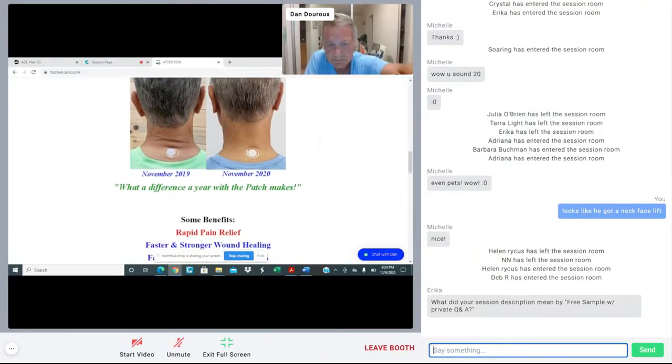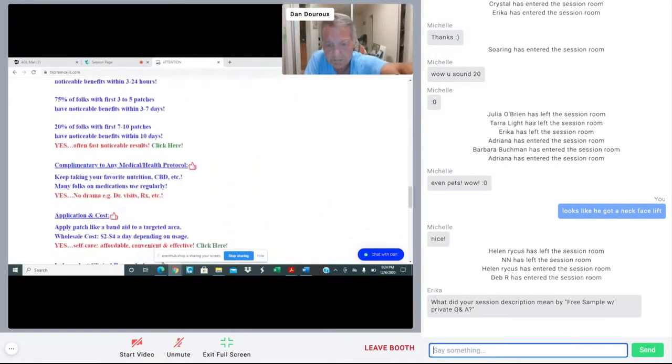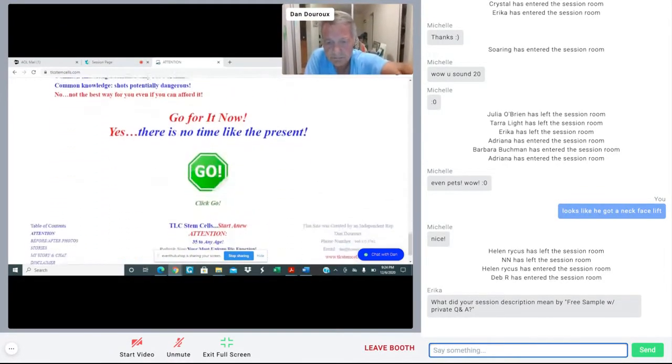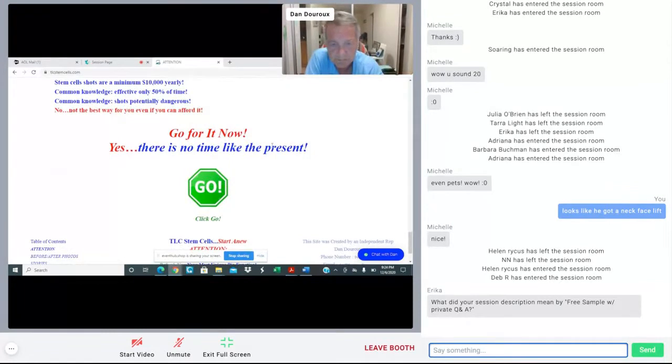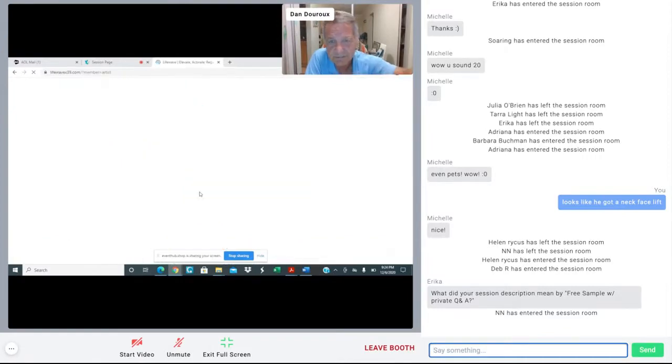And since doing the patches, even just 30 days, I've noticed that has diminished dramatically. I don't really have any wrinkles, so it's hard for me to notice anything like that yet. But I was getting that little turkey neck thing, and that was the one thing that I did notice went away immediately, like that little flabby under the neck thing. It's gone. And that's just in 30 days.